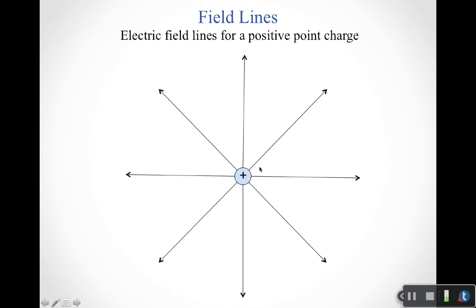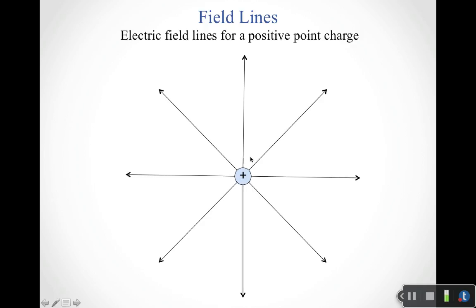You'll notice that my field lines point away from my positive charge, that these field lines are clustered tightly near the charge, and they spread out when they get away from the charge. So that tells me that, A, the electric field due to this point charge points away from it. That's good. That's what I know has to be true for positive point charges.